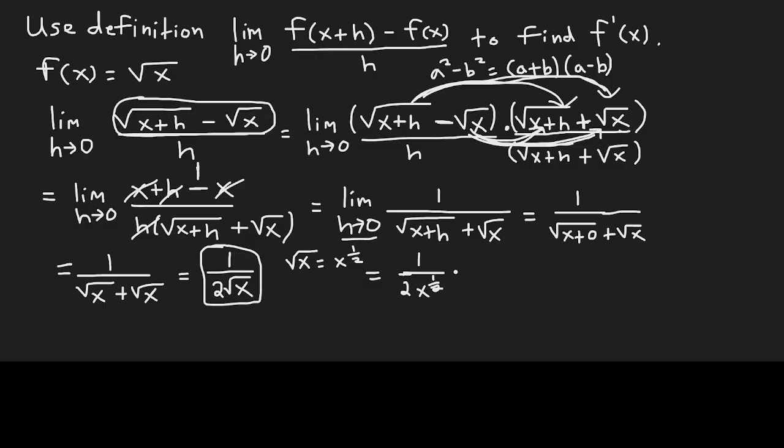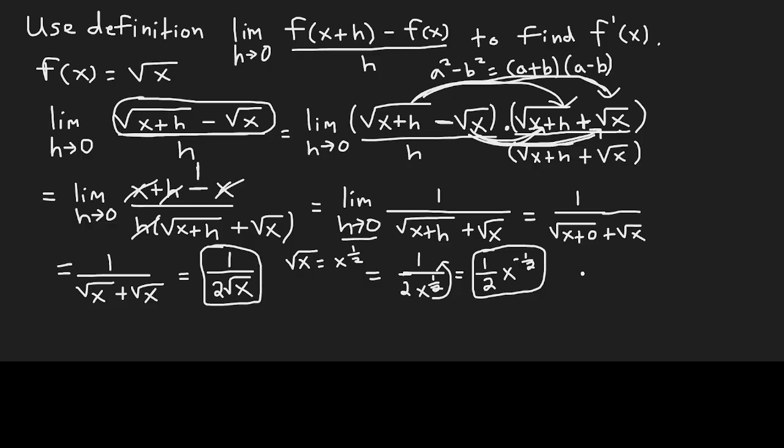This is the same thing as 1/2, and if we bring the x to the 1/2 into the numerator, we make the exponent negative, changing the sign of the power. So that'll be 1/2 x to the minus 1/2. That's another way you can express that derivative of f of x.